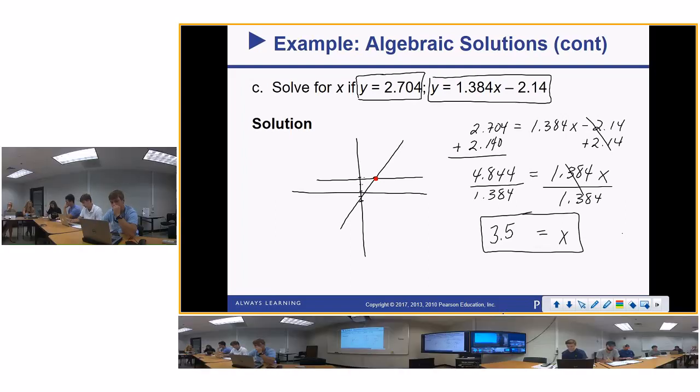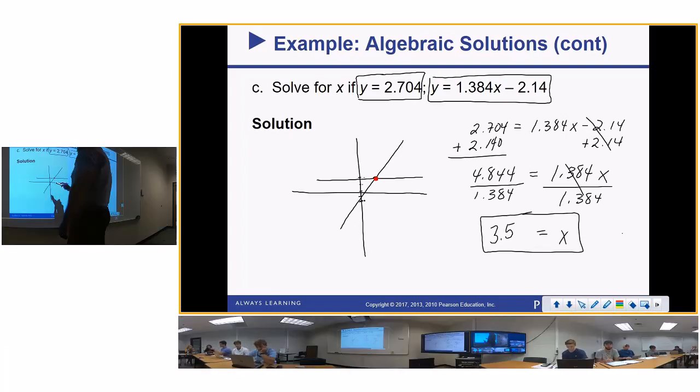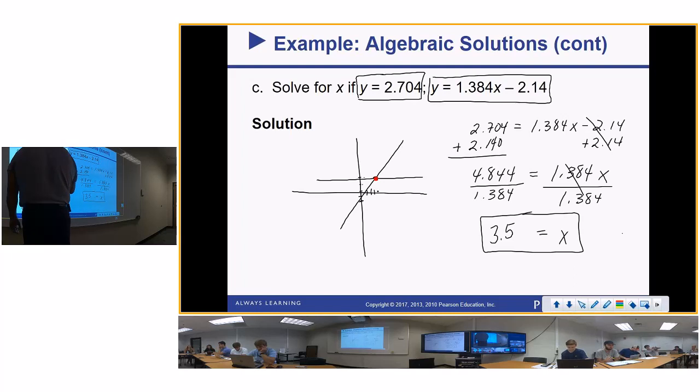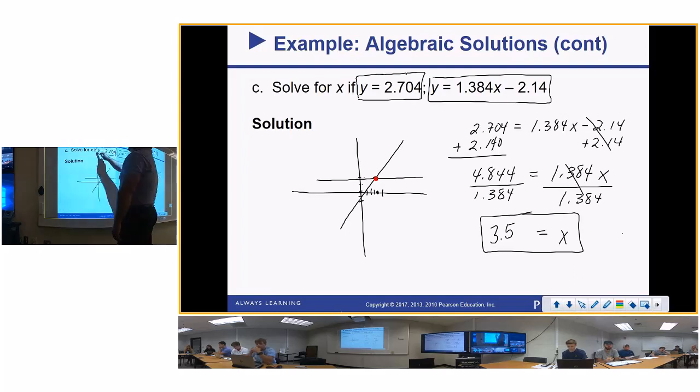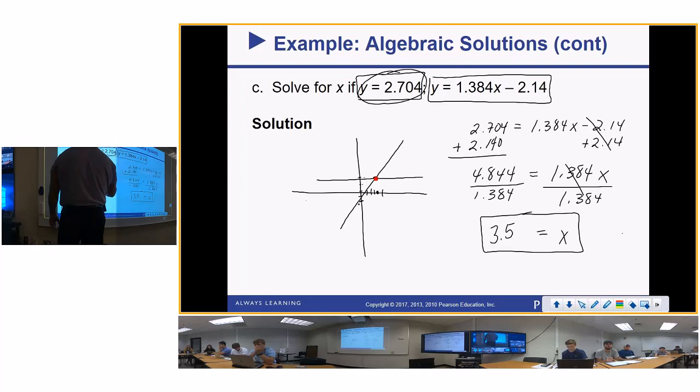So x is equal to 3.5. And y is equal to what? So that's your intersection point. So your intersection point is 3.5 and 2.704.